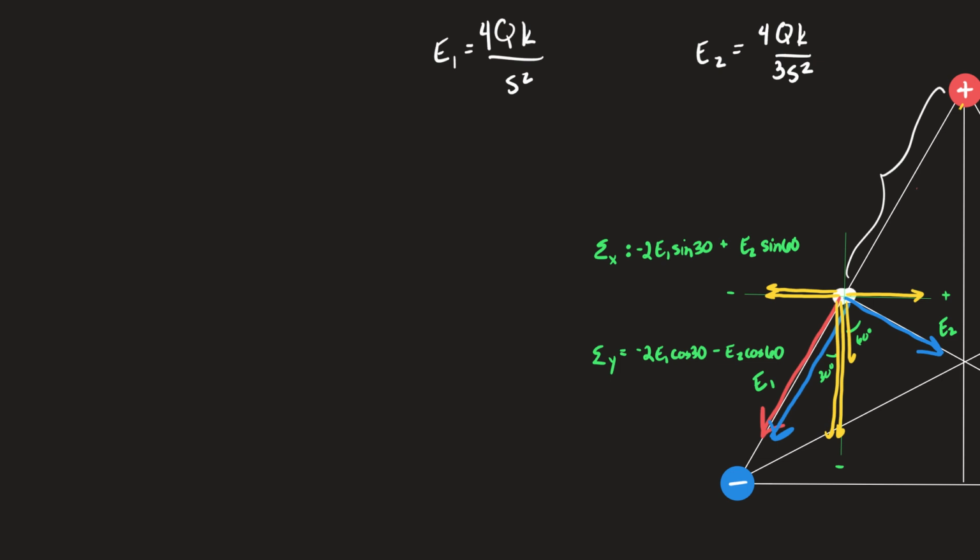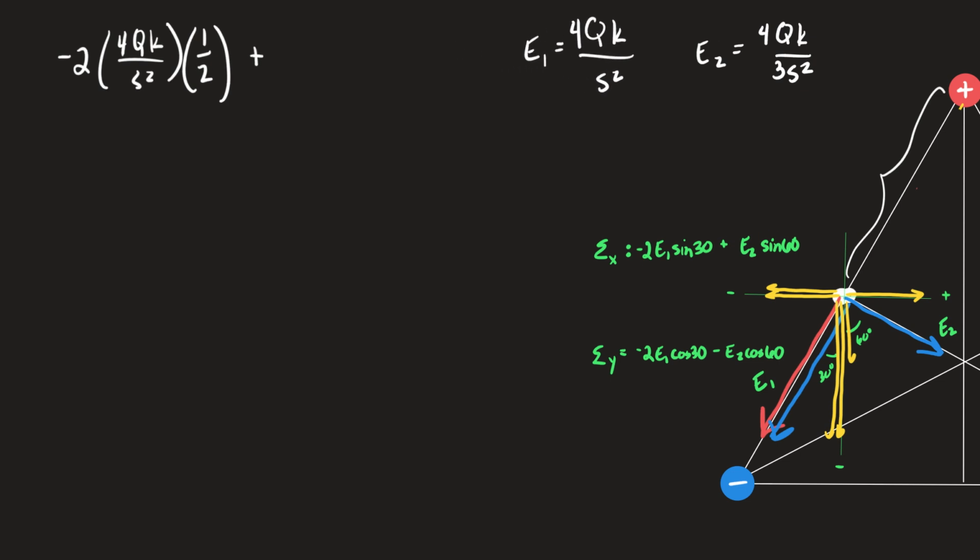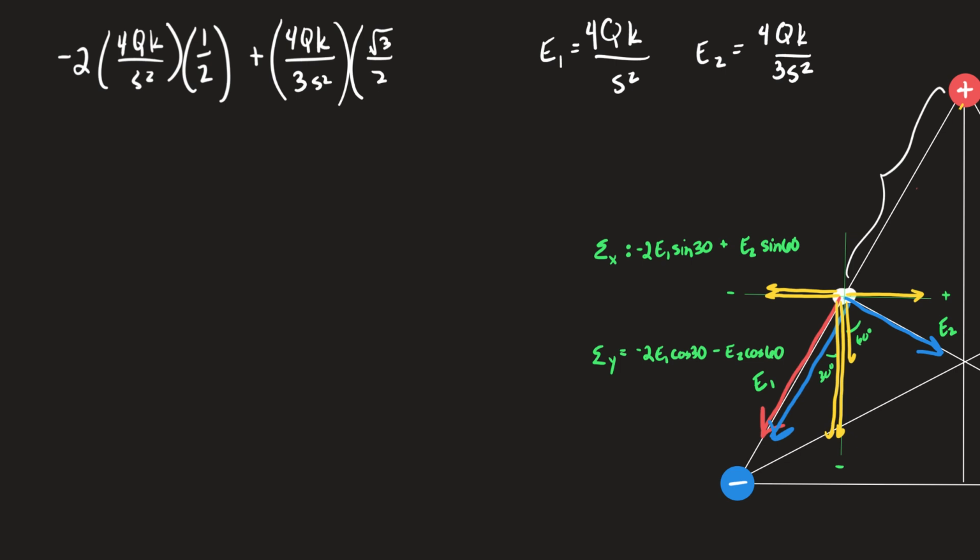I'm going to have -2 times 4qk over s squared, sine of 30, 1/2, plus E2, so 4qk over 3s squared, sine of 60, so square root of 3 over 2.